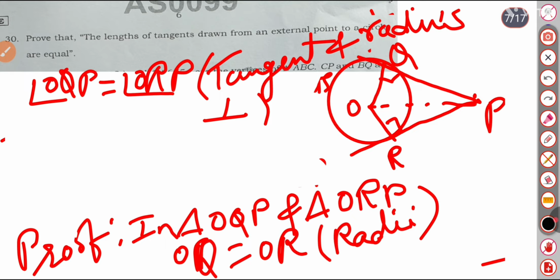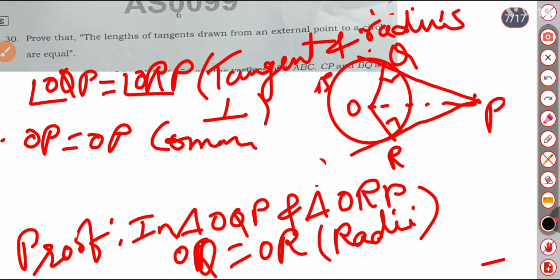One more we write, that is OP is equal to OP, common. We got three elements: OQ and OR are equal, angle Q is equal to angle R, which is equal to 90 degrees, and OP is equal to OP.